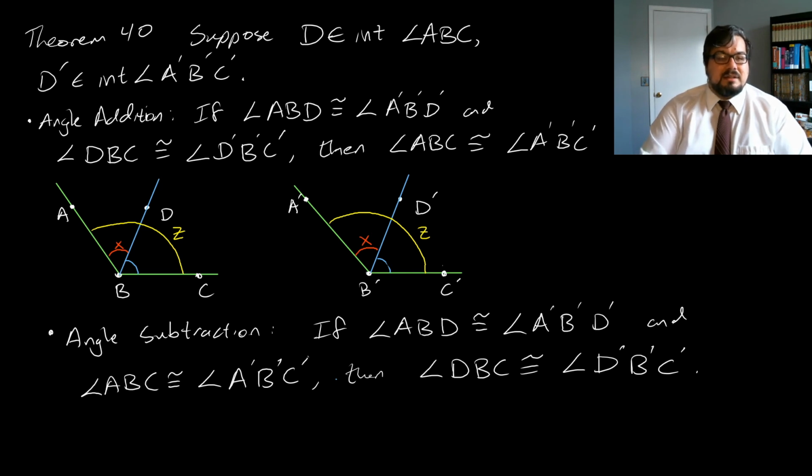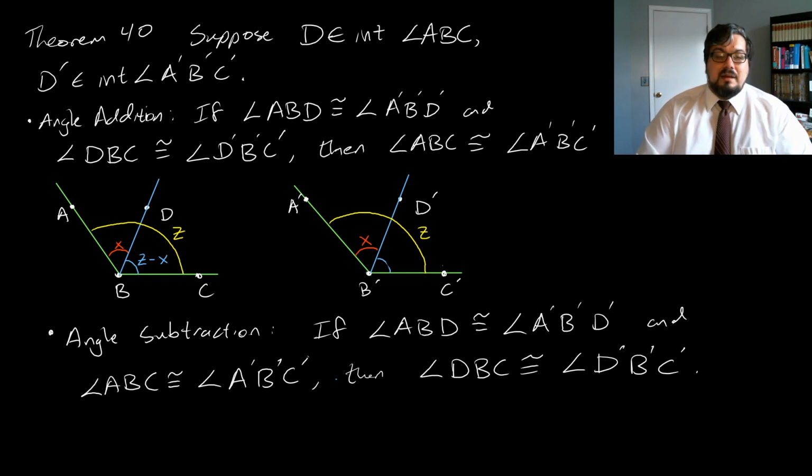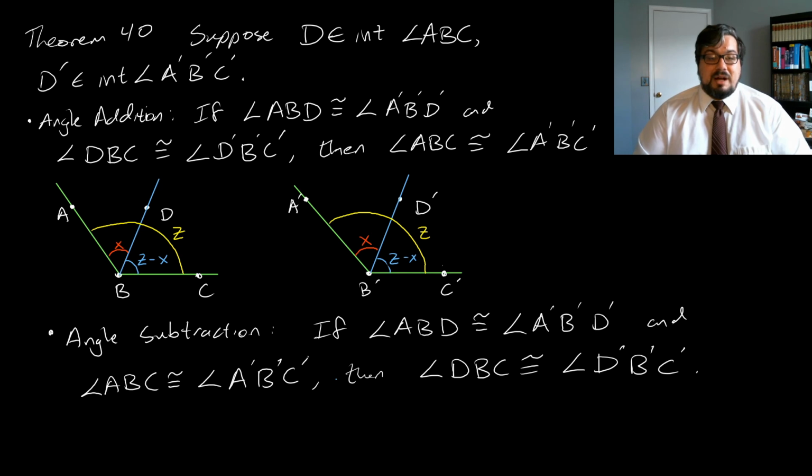Rearranging that fact, the blue angle on the left has to be Z minus X, the measure of the big angle minus the measure of the smaller angle inside. But of course, the same thing happens over in the right figure as well. So again, the two angles that we cared about, the blue angles, are equal in measure, and therefore they are congruent.